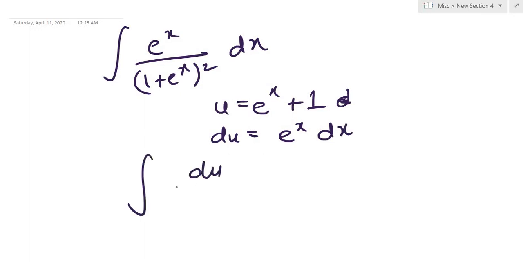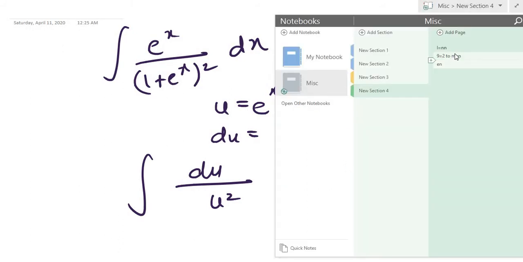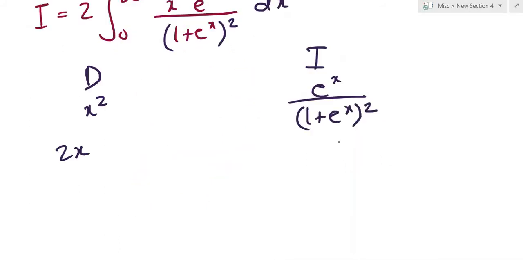So du upon u squared, which evaluates to negative 1 over u, and u is nothing but e raised to x plus 1. Let's not write the constant for now, because eventually we'll have to just plug in the bounds. So negative 1 over 1 plus e raised to x.